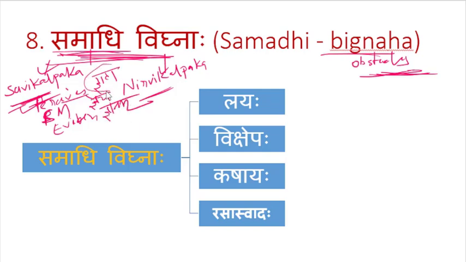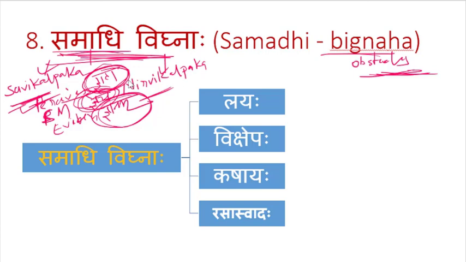Jnata means who is going to pursue. You are practicing this philosophy, so you are the pursuer, Jnata. Jneyam, what are you going to know? You are going to know moksha, liberation. Through which? Through Jnanam, by reading the scriptures, by doing pratyaksha, anumana and others.